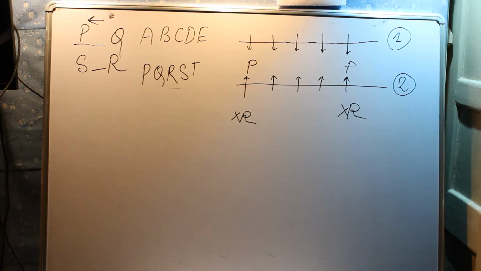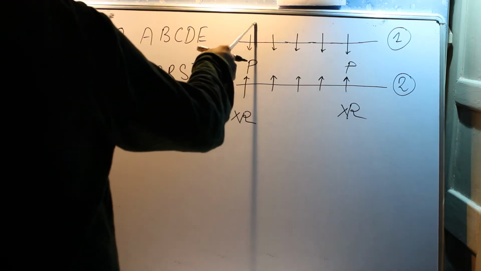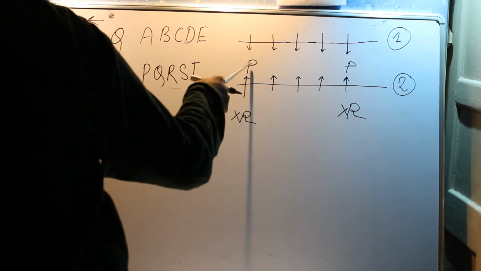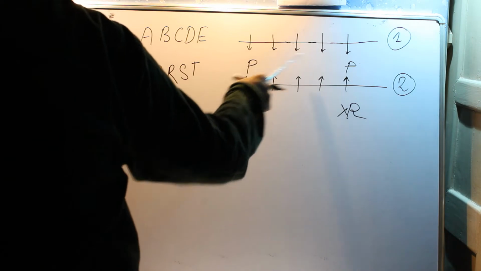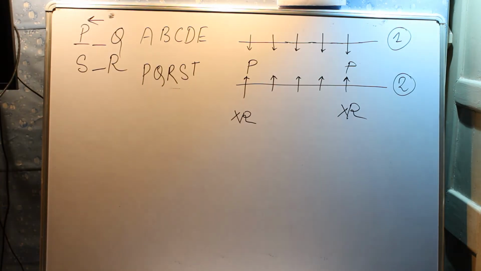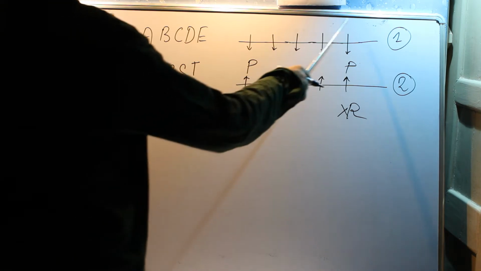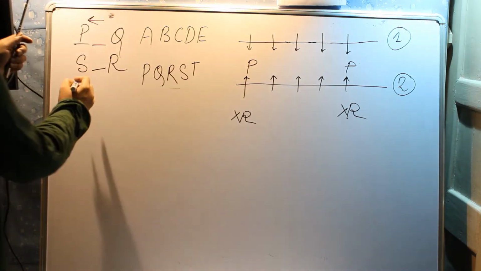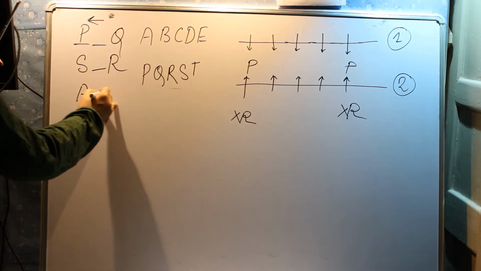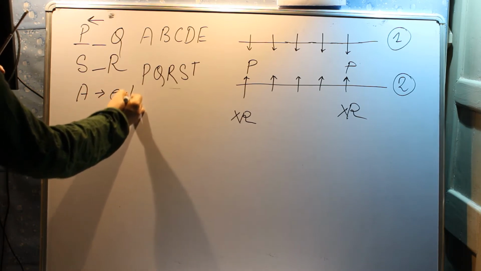Because the statement says one of the people from the extreme ends of row 1 faces P. A is in one of the extreme ends. We are not sure where we are going to place A, so write it aside. A is going to be placed in one of the extreme ends.